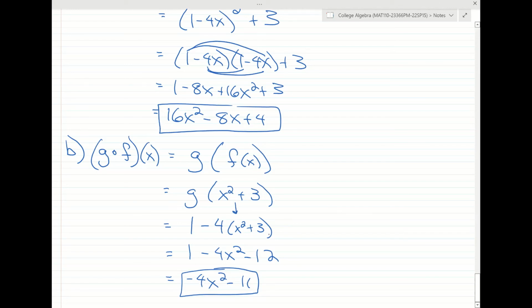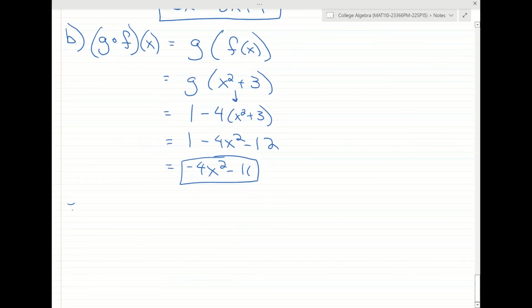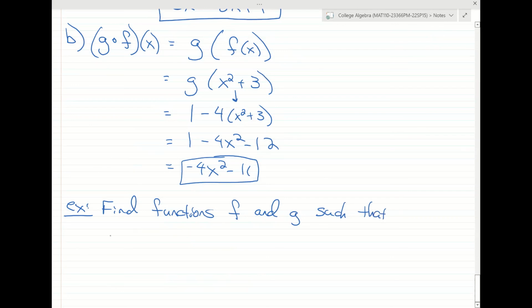Maybe we'll do one more. These problems are kind of cool. This is like the last one from this section. So the directions are just to find functions f and g such that f of g of x is equal to the square root of 2x plus 3.